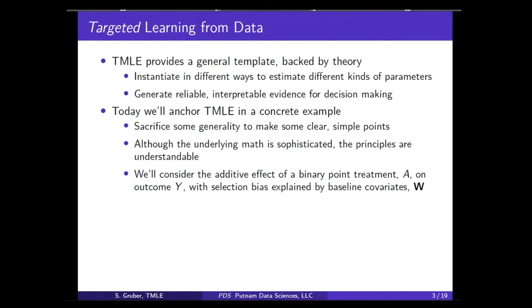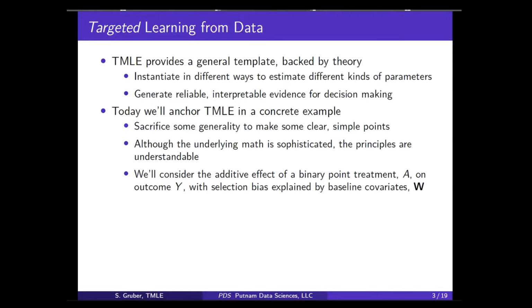To do that, I'm going to be a little less general and a little more concrete. I'm going to use one specific example of the additive treatment effect or the risk difference if the outcome's binary. We're going to sacrifice a little of the generality of TMLE to make some very clear, simple points.